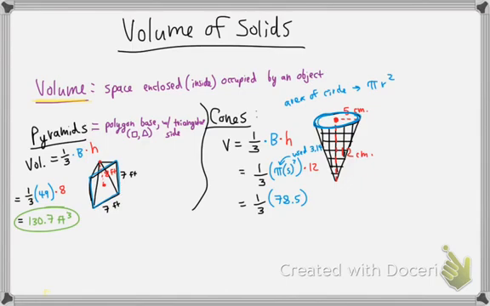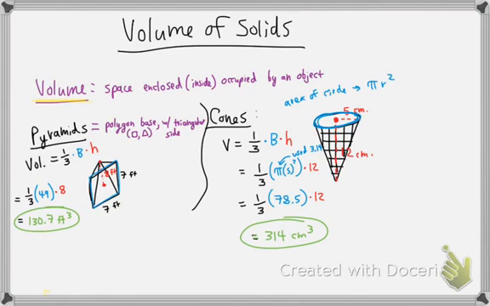And then we've got to take that times 12. So 1/3 times 78.5 times 12. I'm hoping that Mr. Willman did this correctly. I got 314 centimeters cubed.